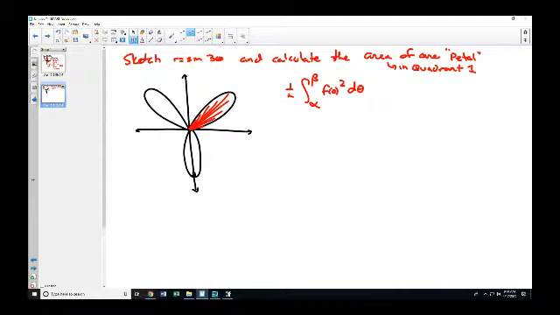Find where it intersects the y-axis. A logical place to start is at 0. Sine at 0 is 0, right? So we have 0, 0.